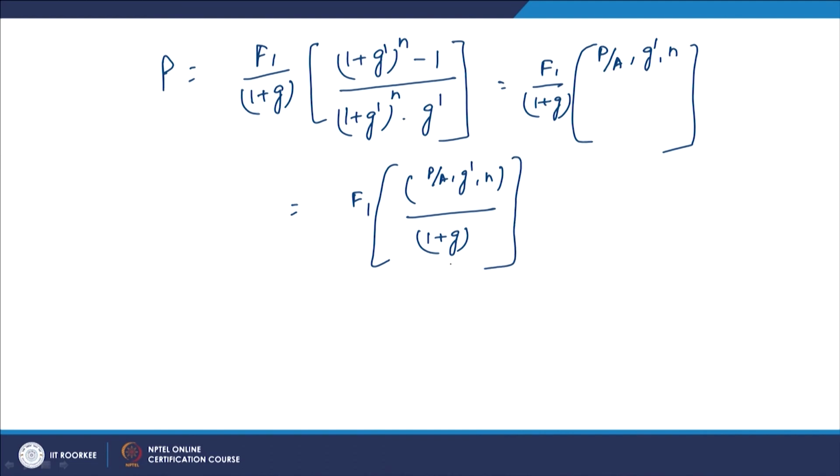So, basically in such cases of the geometric gradient series factors, we need to know this g prime. So, first of all what we do is we calculate g prime, as we know that 1 plus g by 1 plus i will be 1 by 1 plus g prime.